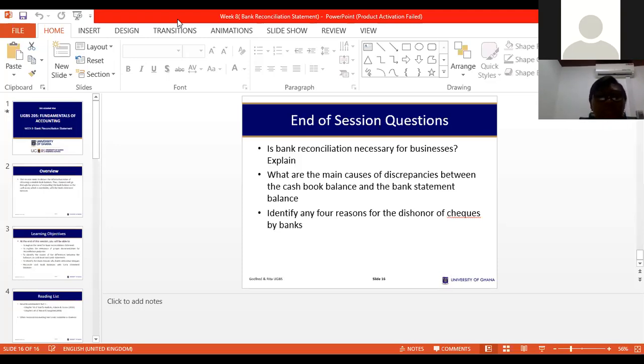This topic seeks to help us understand why that is not the case and how we can rectify it. At the end of the session, we would be able to explain why bank reconciliation is necessary, the main causes of the discrepancy, and identify reasons why checks are dishonored.